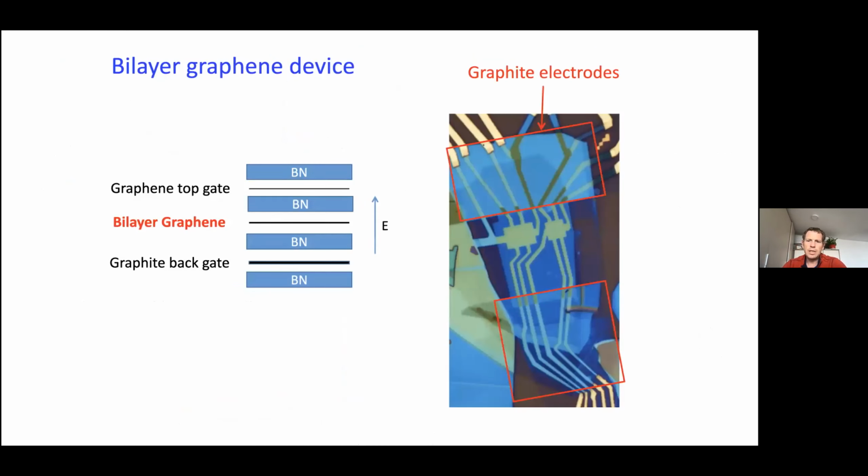So we would like to do a much more direct measurement of the valley Hall effect by shining circularly polarized light. These are the type of bilayer graphene devices that we used. Here you see one, here you see another one. This is encapsulated in boron nitride. Then there is a graphite back gate, and another top gate that's made out of graphene. In that way, we can change the doping.